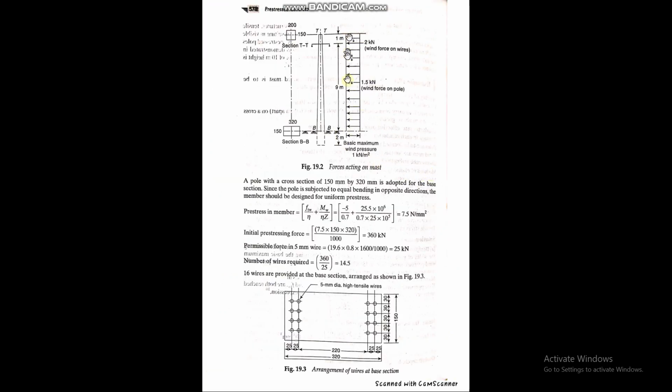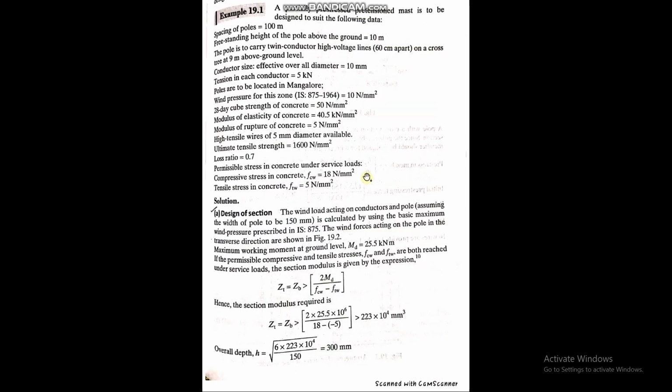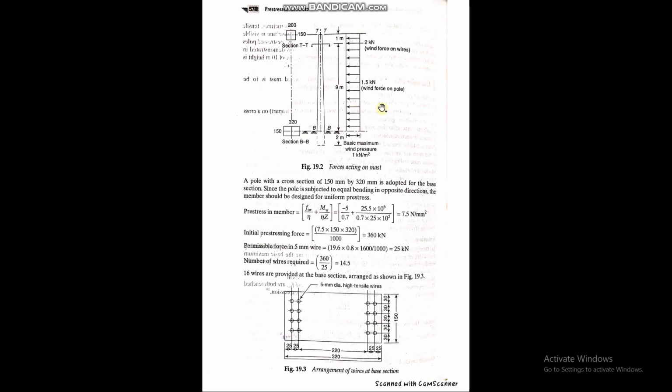So if you see this diagram in the problem, it is already stated that the wind intensity is 10 Newton per millimeter square. So if you convert into kilonewton per meter square, it becomes 1 kilonewton per meter square. So this wind pressure is acting throughout the height of the structure, right? And if you calculate this value to one singular load, in that case it becomes 1.5 kilonewton.